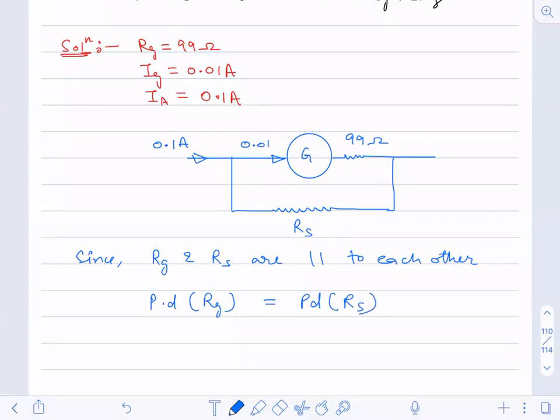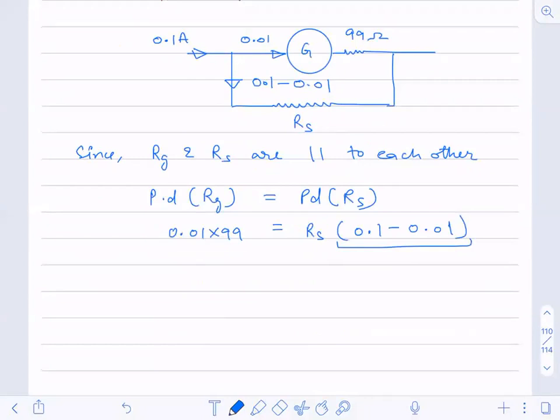Potential difference across Rg is 0.01 into 99. Potential difference across Rs, how will you find? Rs will be multiplied by 0.1 minus 0.01. Just solve it and tell me this calculation. This is 0.1 minus 0.01.